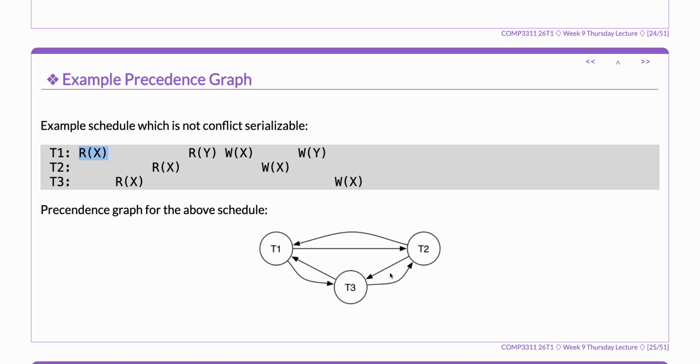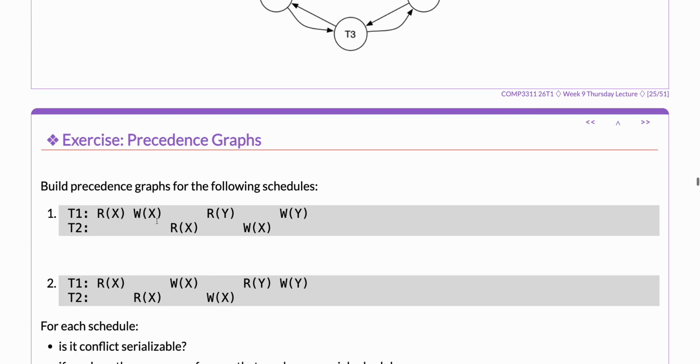So there is a cycle in this precedence graph, which means that there is no way for us to rearrange the non-conflicting data items and transform that schedule into a serial schedule, which means that this schedule is not conflict serializable because we have a cycle in the precedence graph.